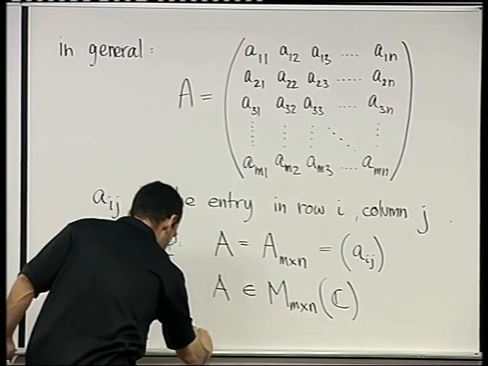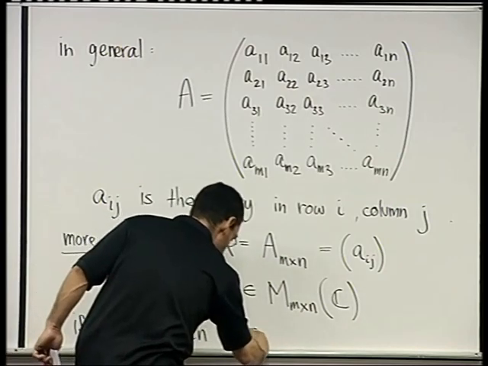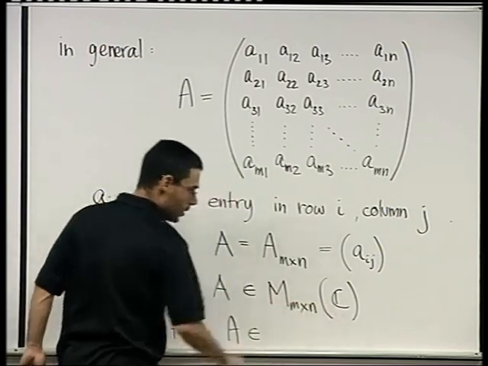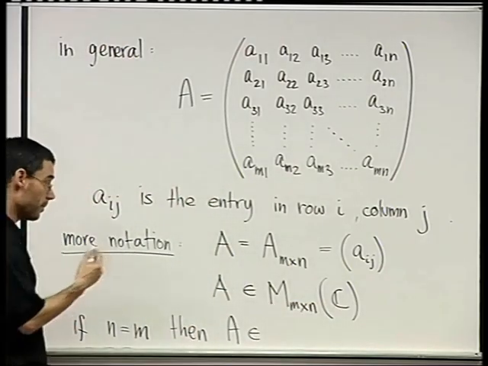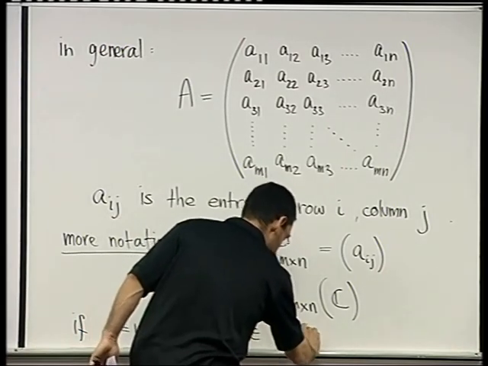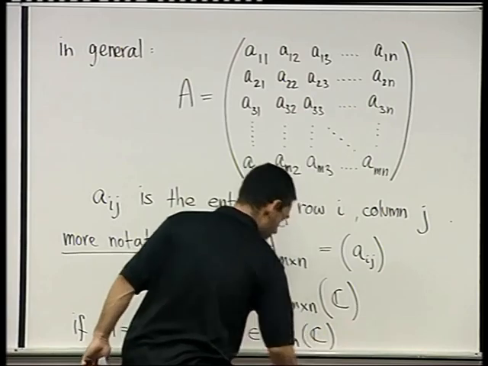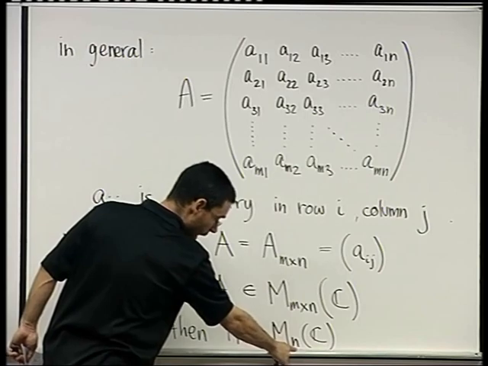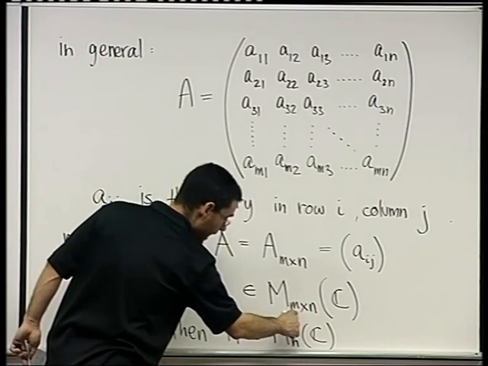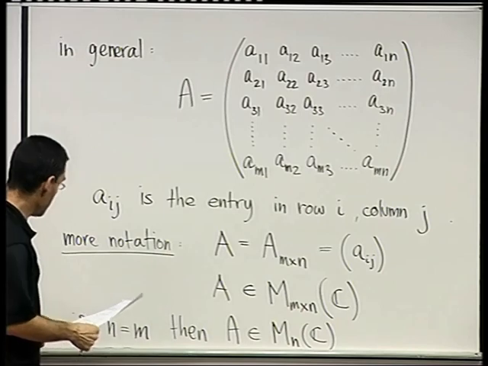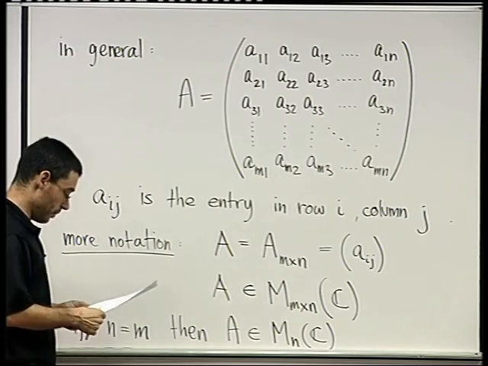Then A belongs to, we would write M sub n by n over C or over R. But in short, you'd often see M with just one index, let's say over C. So if you see just one index here, it's an abbreviation for saying n by n. That's what this means. Okay, so we'll pick up more notation as we progress. I don't want to do too much.